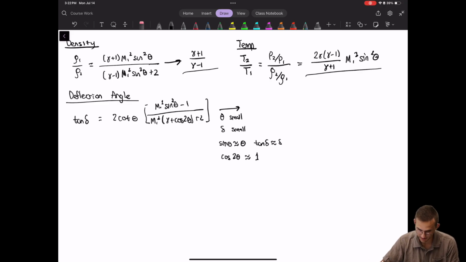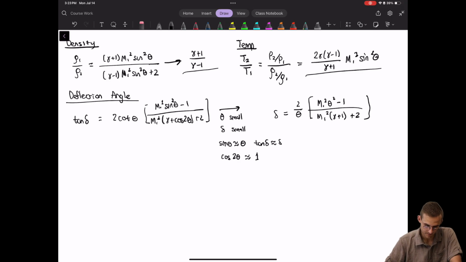And so what you end up with is that delta is approximately equal to 2 over theta times the quantity M1 squared theta squared minus 1 divided by M1 squared times gamma plus 1, plus 2. So that's what you get there.